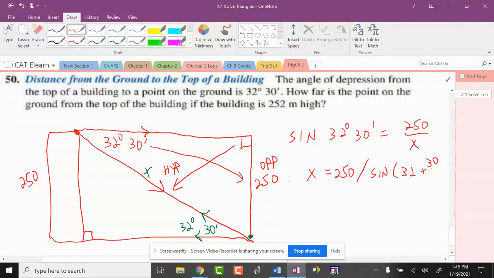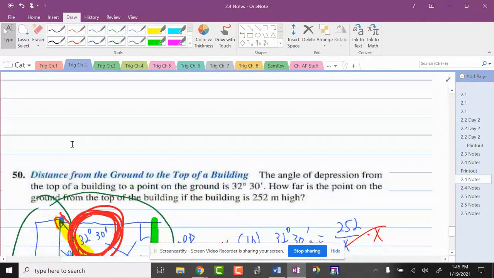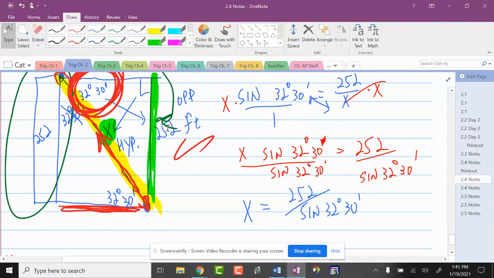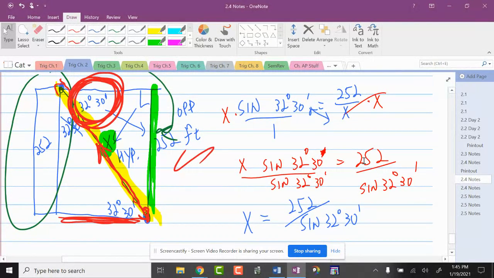If you didn't know 30 over 60 was 0.5, then this is what you'd type and then press enter. But these two switch positions is really all that happens whenever you have a variable in the denominator. Multiply both sides by x, then you divide by sine. So that's what ends up happening. Okay, final answer. Oh, here we go. So I drew all my crazy stuff there, but you can see the switching and the dividing. Oh, and I was lazy and I didn't even calculate that. So you calculate that on your own. Have fun with that. Been a pleasure.